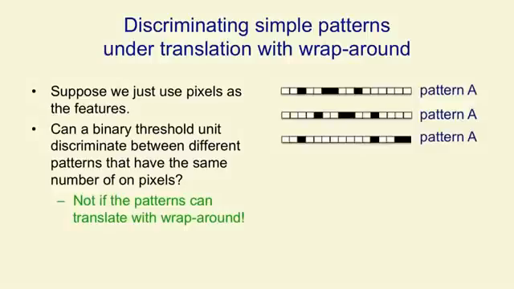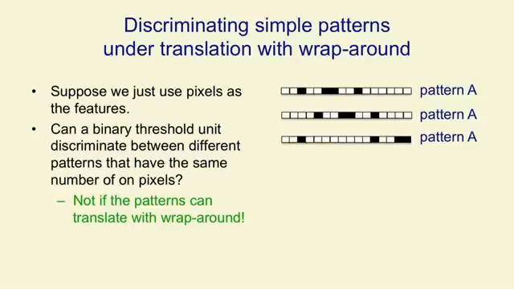So if you look at these examples of pattern A in a one-dimensional image, pattern A has 4 pixels that are on, those 4 black pixels. It's like a little barcode. And it's the same pattern when we translate it a bit to the right. And we're going to allow ourselves to translate the pattern so it goes off the right-hand end and comes back on the left-hand end.